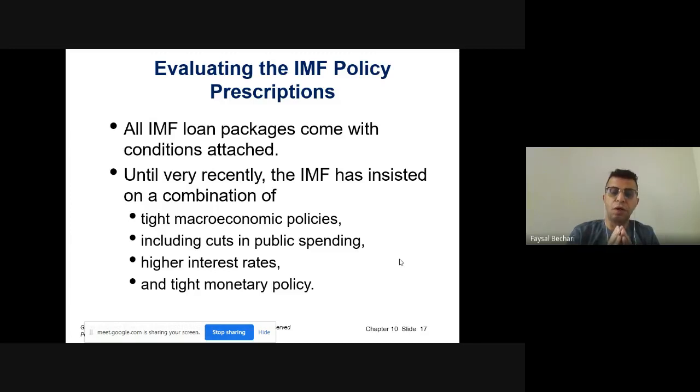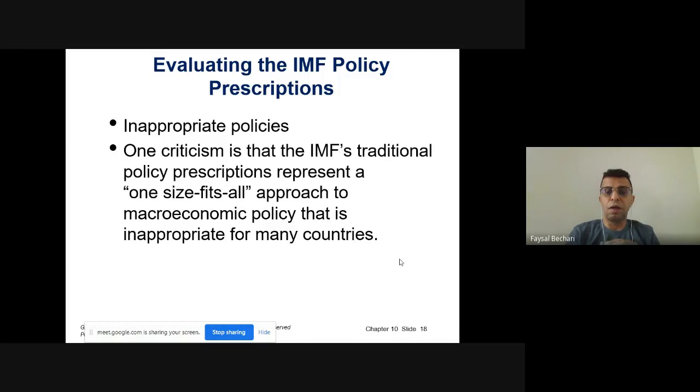But here, what they're looking at is tight macroeconomic policies: cutting public spending, making higher interest rates so people borrow less, and making a very tight money policy, which is sometimes unacceptable for countries. Sometimes this policy doesn't fit everybody, so they might be very inappropriate policies for certain countries.